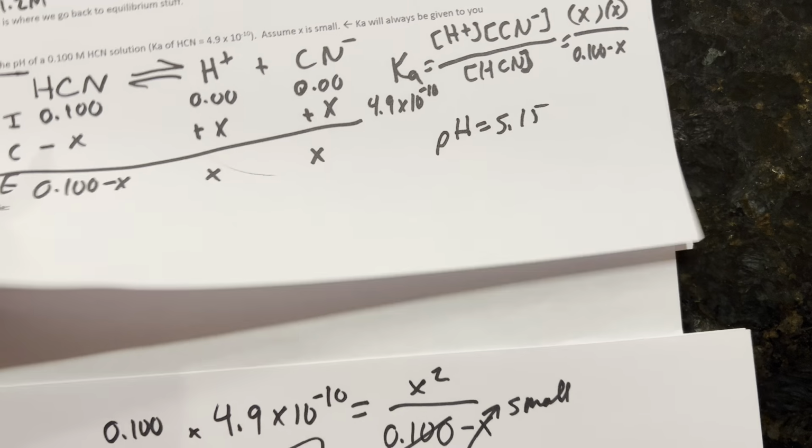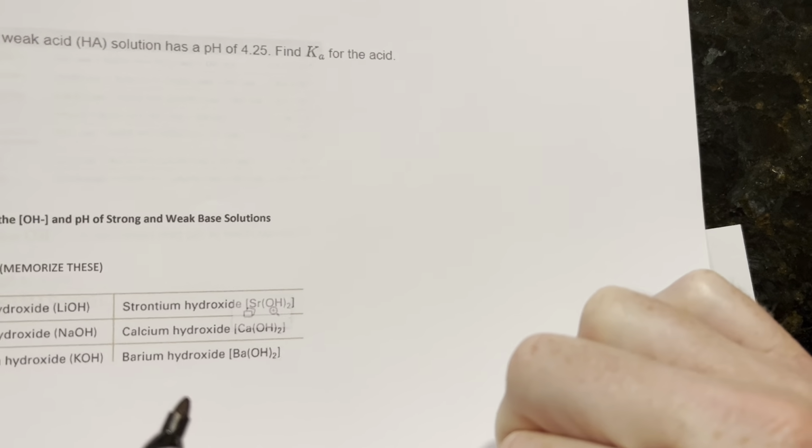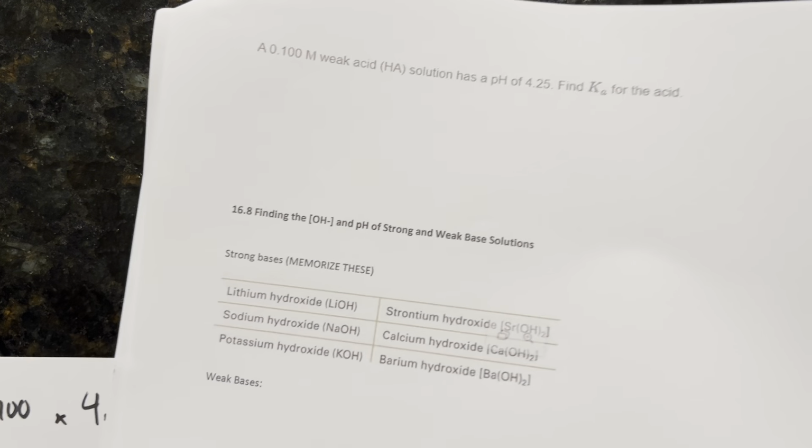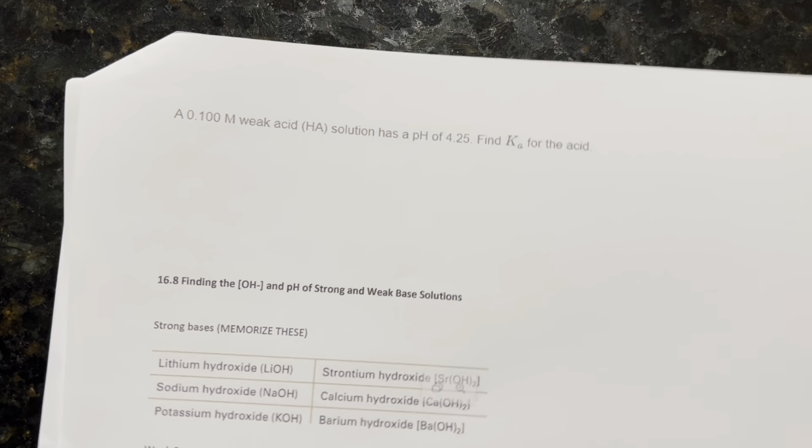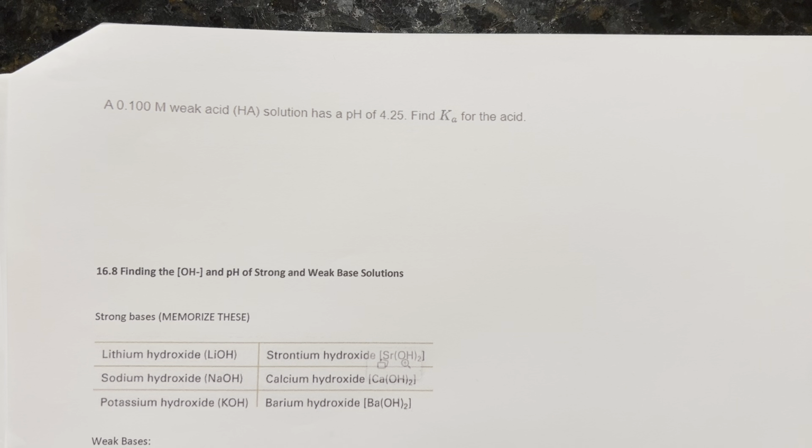All right, so there's another example. This will be on the next page. A 0.100 mole per liter weak acid solution has a pH of 4.25, and it says find the Ka for this acid.